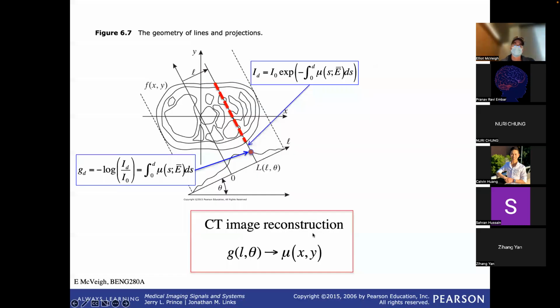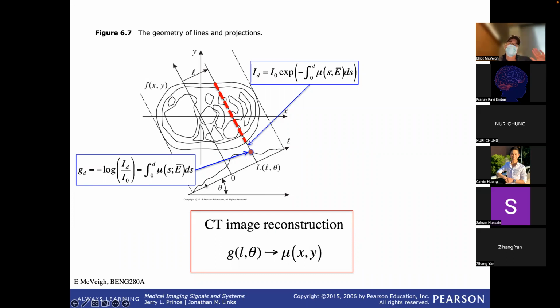So here we are back at our starting diagram, where X-ray beam intensity I naught comes out the back, ID. We take the logarithm, we get a number here, which is this G value. We have a whole set of those for each theta, as a function of position.